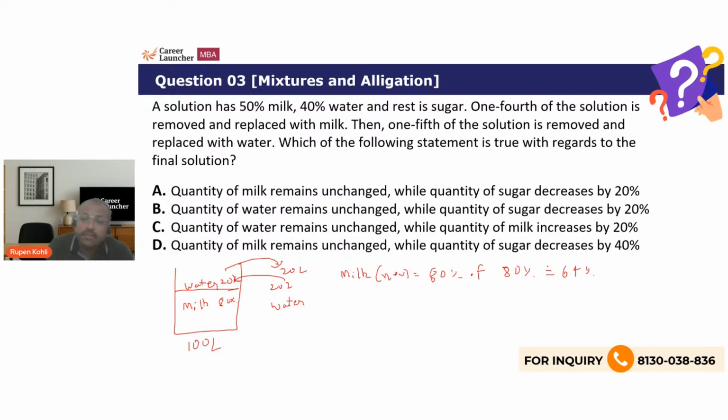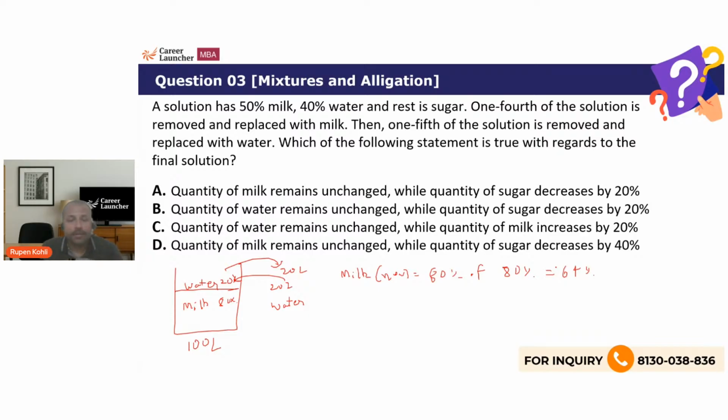And if you do this process once again, then again it will decrease by 20%. So the new concentration next time will be 80% of 64%, and so on. So that's the basic idea on this problem. The concentration decreases by as much percentage as is the fraction of solution that is removed.